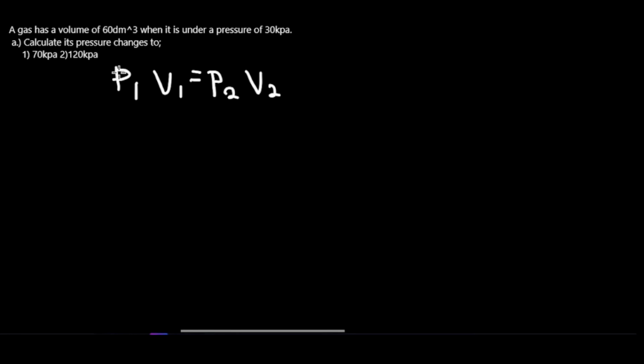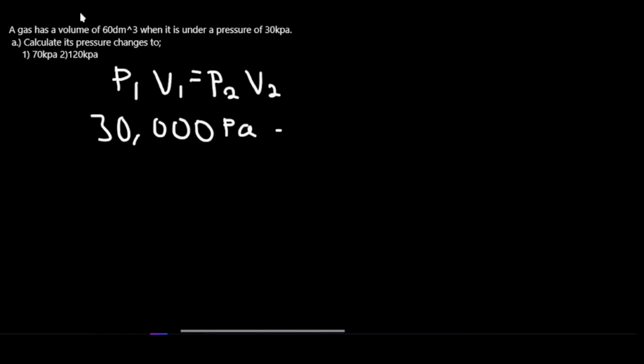So our pressure 1 is 30 kilopascals. But here, this is where there is need for conversion. In the first question, we would have just taken it as 30 exactly, but here we need to convert the 30 kilopascals into basic pascals.